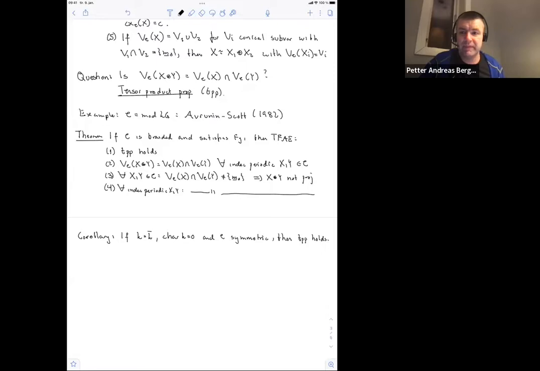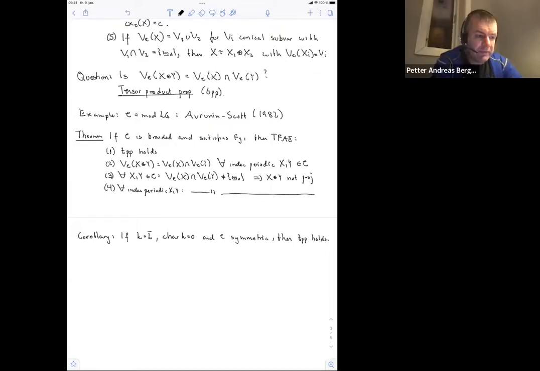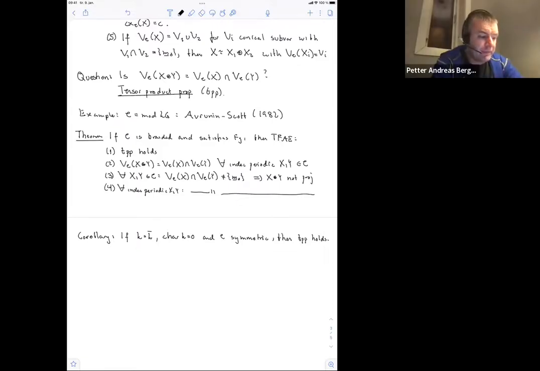I agree. One of the advantages that you get there is that every thick subcategory is a tensor ideal. Right. So that was the reasoning for my question. And the answer is I just don't know. We haven't been thinking about this in particular, but it would be very interesting.